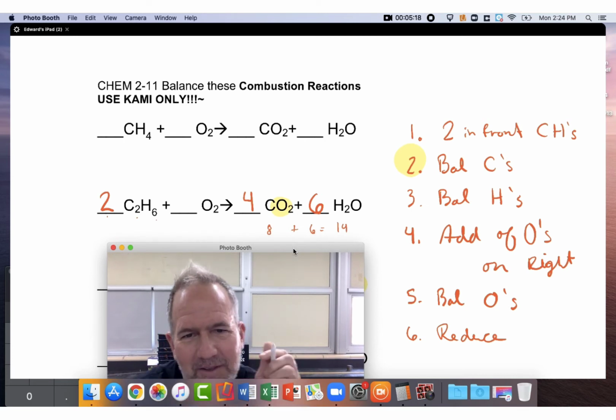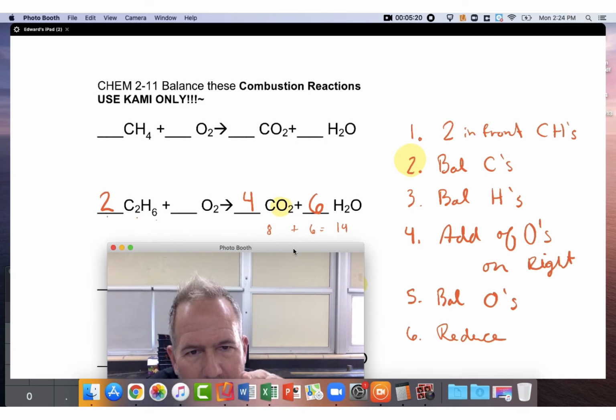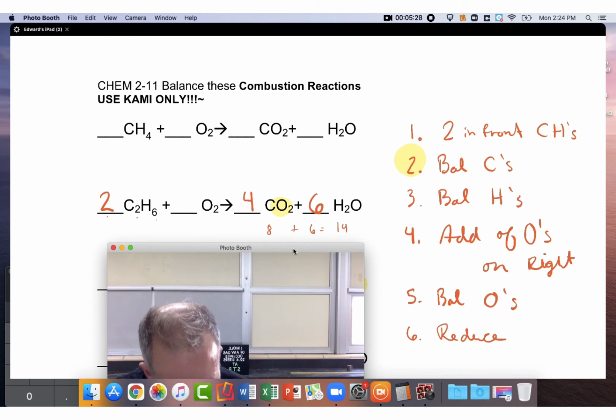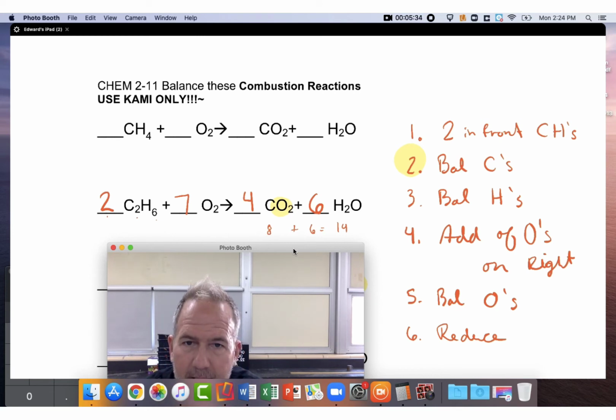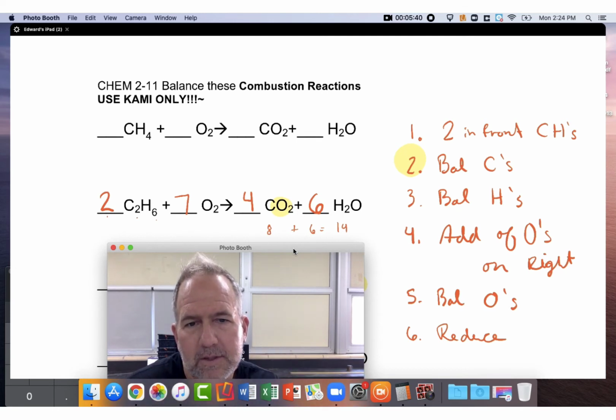We have 8, which is 4 times 2, and then we have 6 times 1, which is 14, right? And so we have 14 oxygens on the right. We need 14 on the left. So 7 times 2 is 14. And that is not able to be reduced, right? 2, 7, 4, 6. So it's good to go.